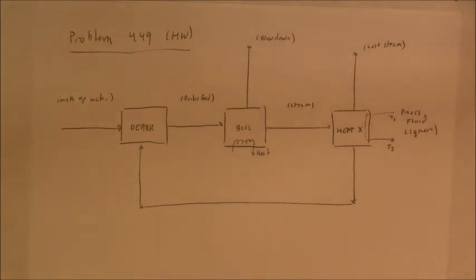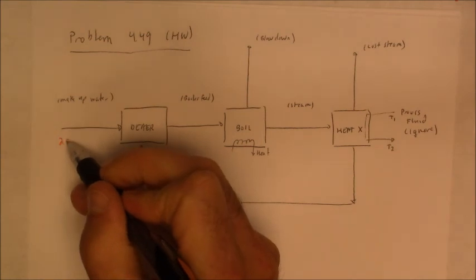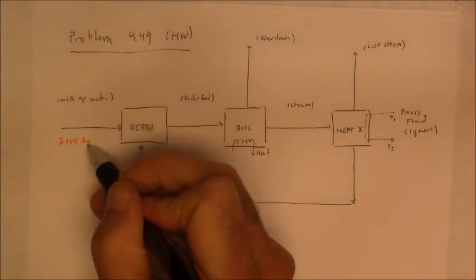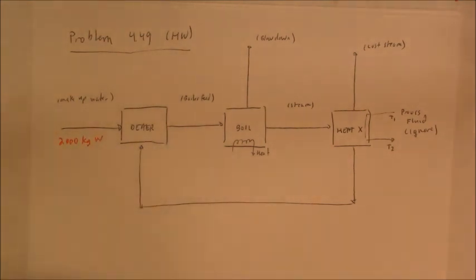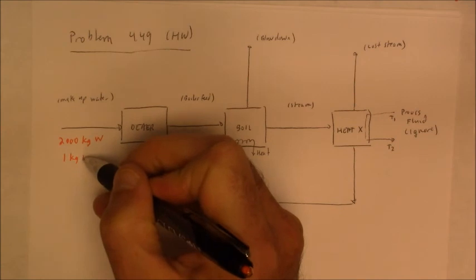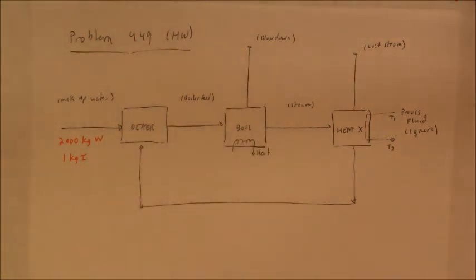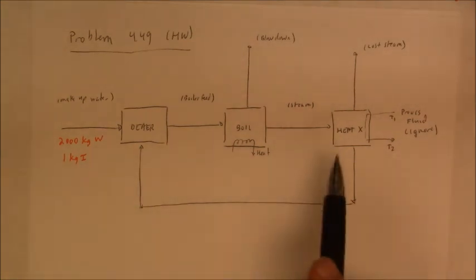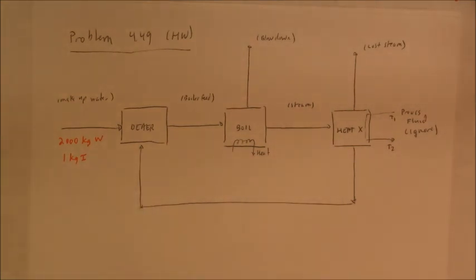So we can start by saying we have 2,000 kilograms water, and then based on the process constraint we know that we have 1 kilogram impurity. Now again we have water that's going to be recycled back, which we don't necessarily know what that is.